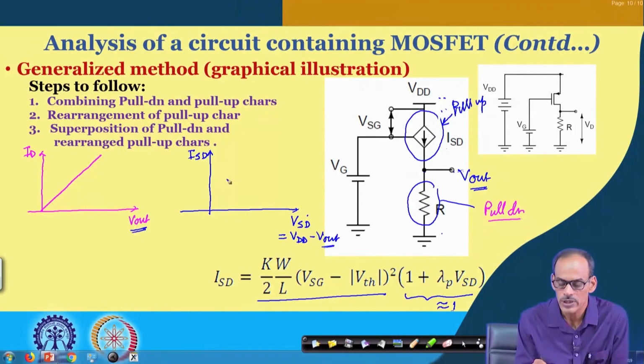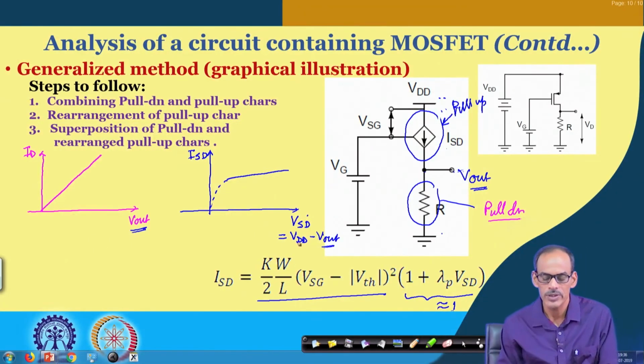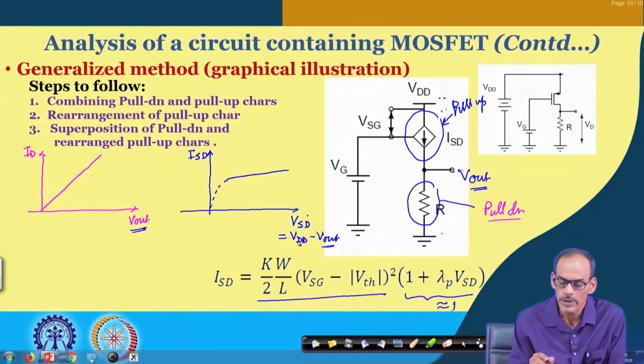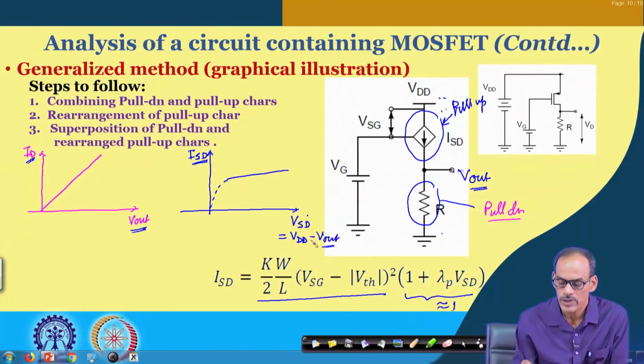This is the pull up characteristic. If I ignore the lambda part, it is supposed to be, quote and unquote, independent of VDS or VSD, but the x axis parameters are not the same.